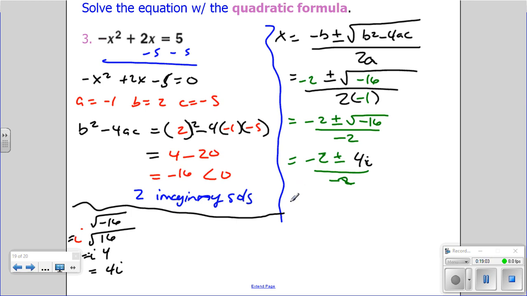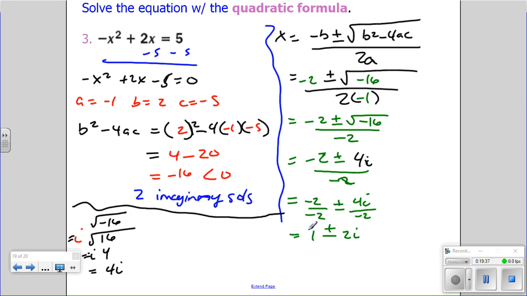Now, what I would do is clean it up and simplify a little bit. So that's -2 over -2 plus or minus 4i over -2. So -2 over -2 is 1. 4 over -2 is -2, but it's okay to leave it as +2 because this plus or minus sign covers both positive and negative answers that follow.